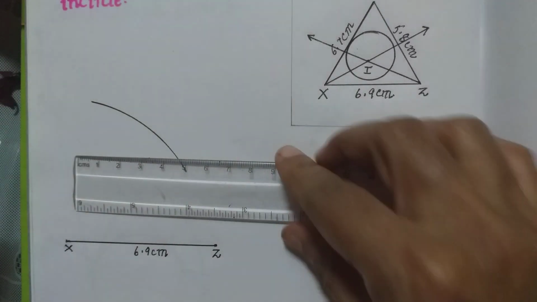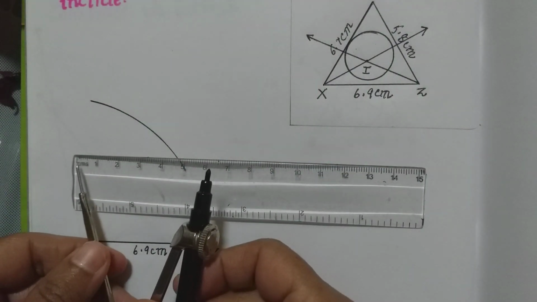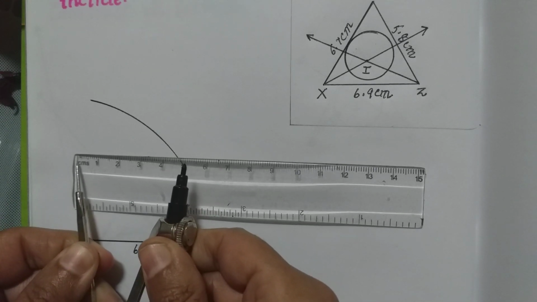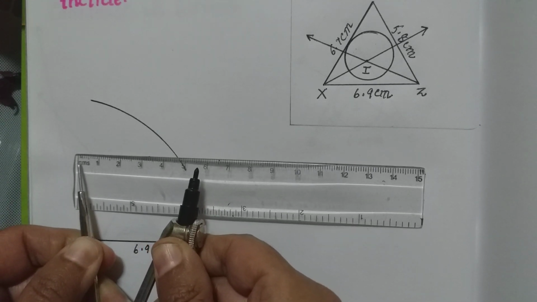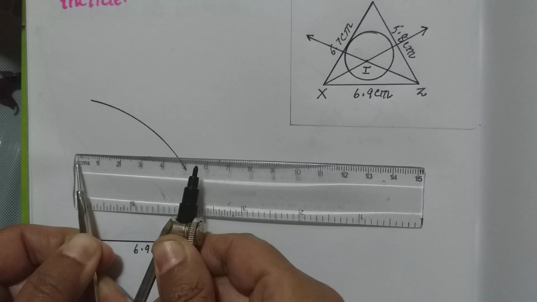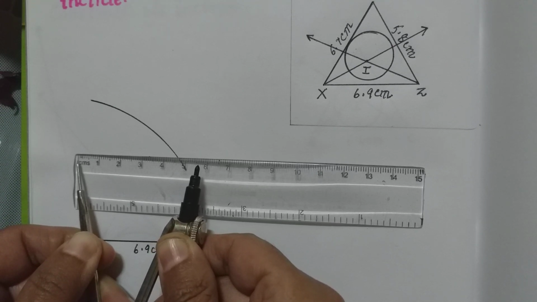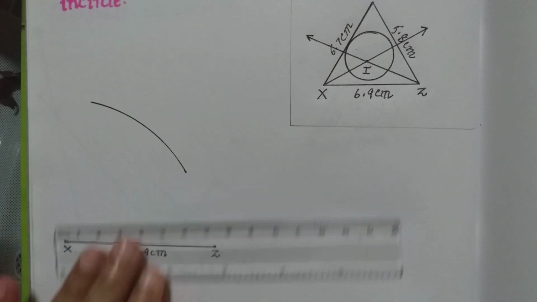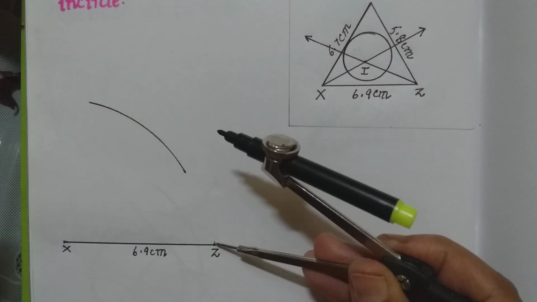So again with the scale, I take 5.8 centimeter on the scale, and with Z as center, I cut this arc.